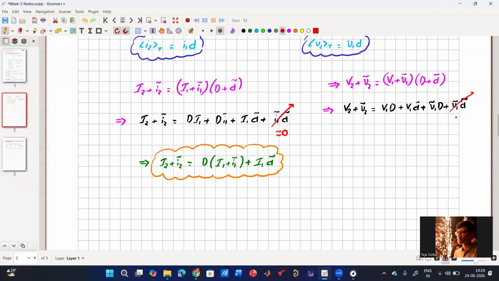Again, the second and higher order terms I'm neglecting. So I'll get V2 plus V2 tilde equals D into V1 plus V1 tilde, plus D into V1 into D tilde. Why we are segregating, you will know shortly.